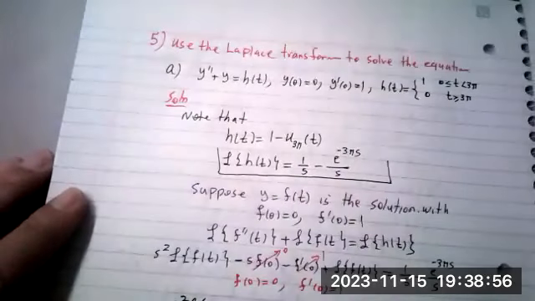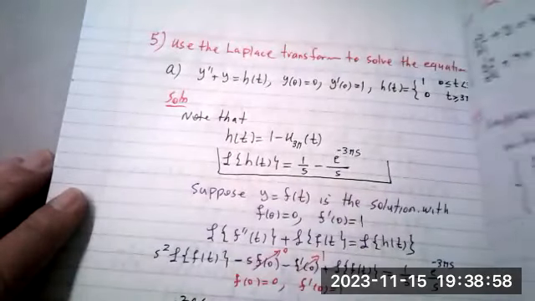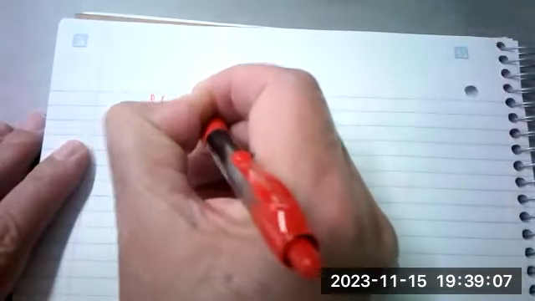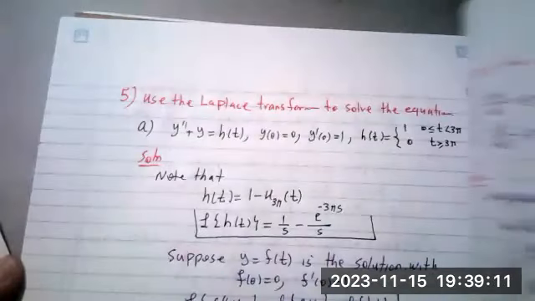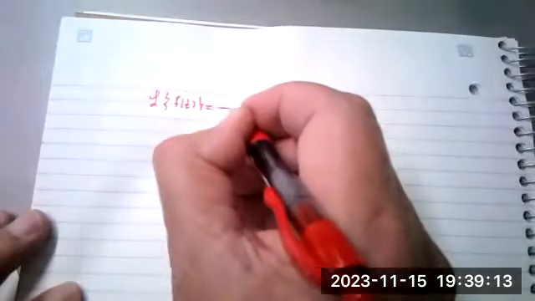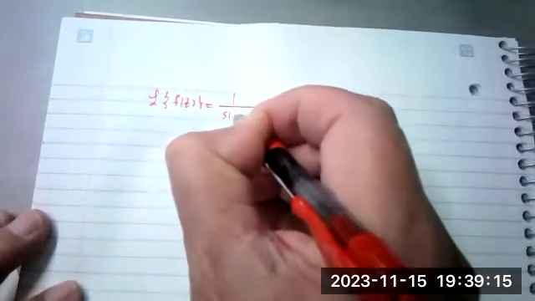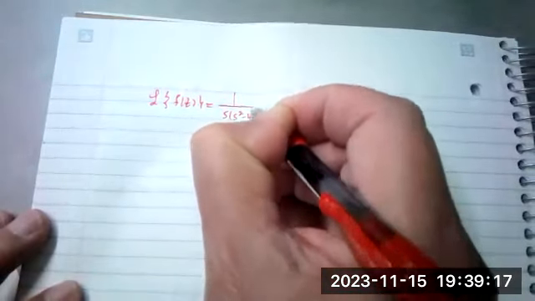Okay, so there you are. I have to rewrite this one to get it done. So what I have is Laplace of f of t is equal to, I applied also a negative sign to make it easier. So the first one is 1 over s times s squared minus 4.